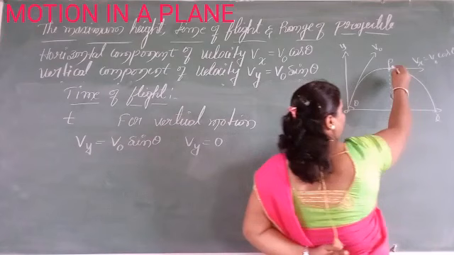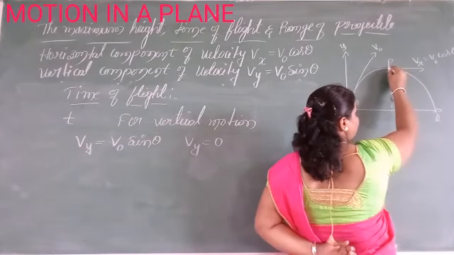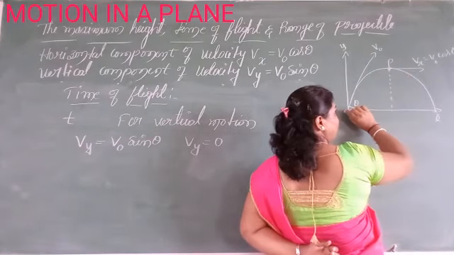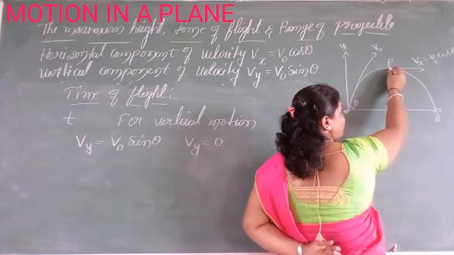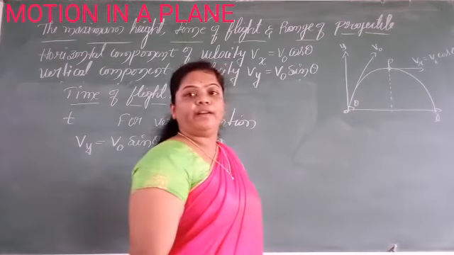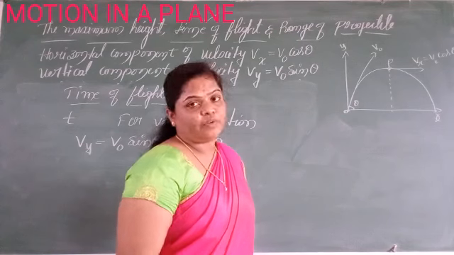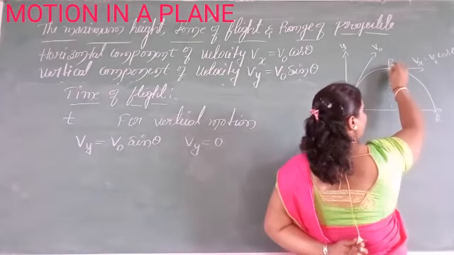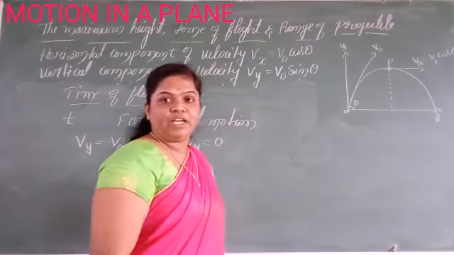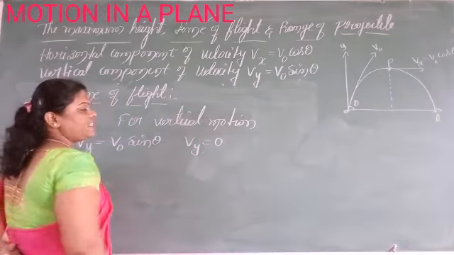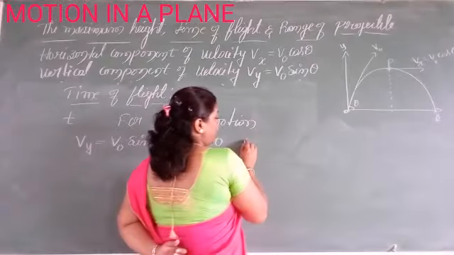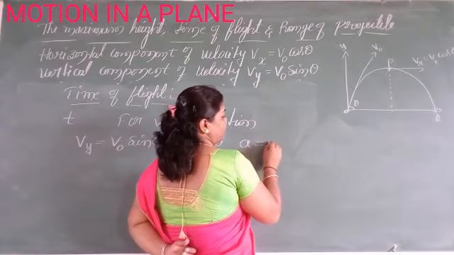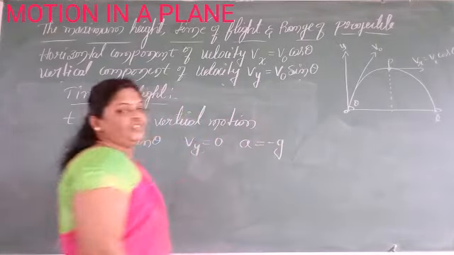Why? Here we are seeing how much time it takes to reach the maximum height from the initial position. So when maximum height is reached, the velocity becomes 0. Only when the velocity at maximum height is 0 does it come down. So that's why the final velocity becomes 0. Then the acceleration a is equal to minus g.